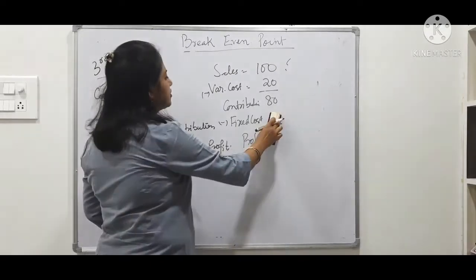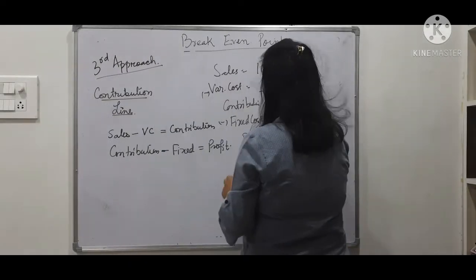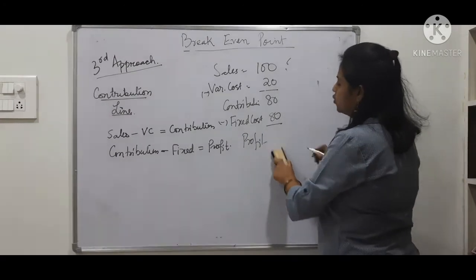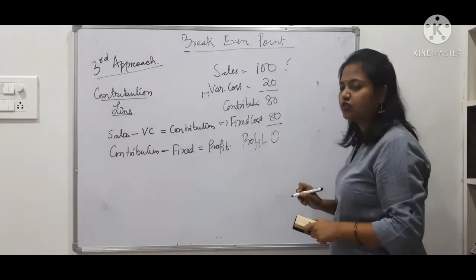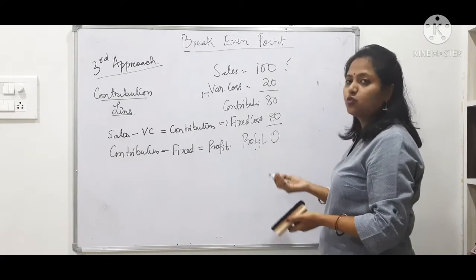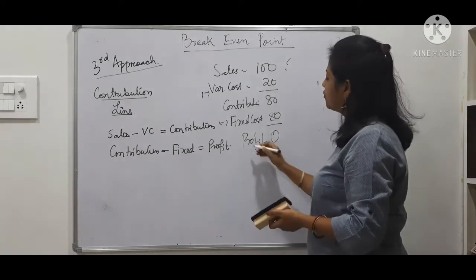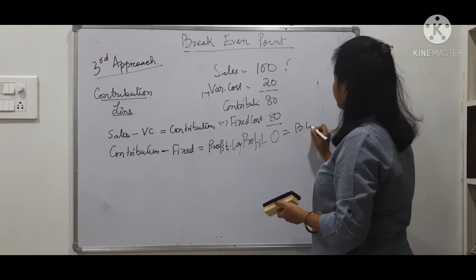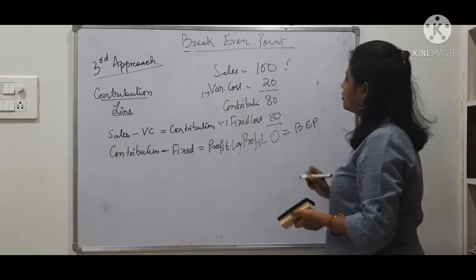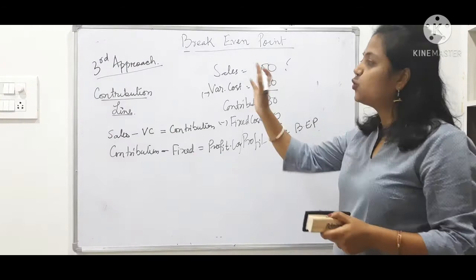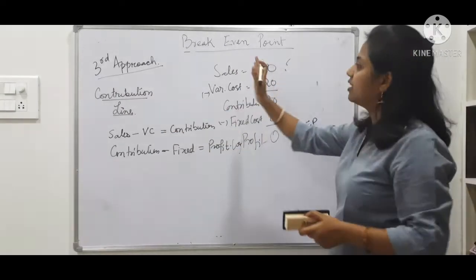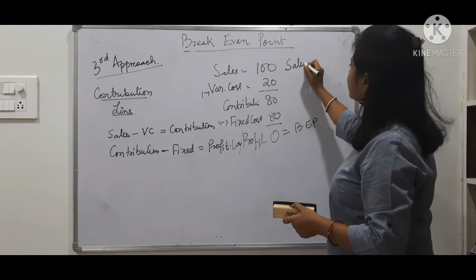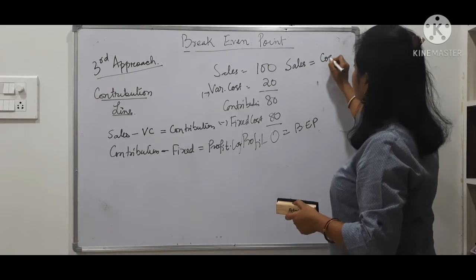Suppose my fixed cost is 80. Will I make any profit? No. Will I make any loss? No. When I am making no profit, no loss, this point is known as break-even point. In the earlier two approaches we have seen, break-even point is where sales is equal to total cost.